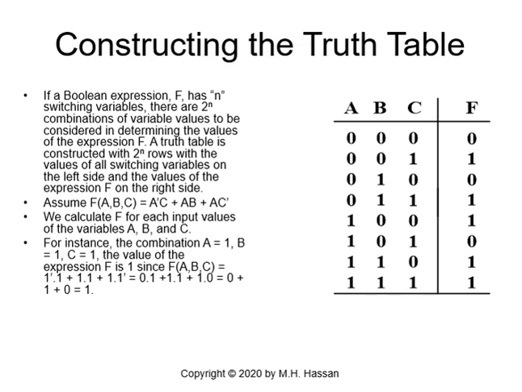Now to construct the truth table, the Boolean expression F has n switching variables, so there are 2 to the power n combinations. So a truth table is constructed with 2 to the power n rows, with the values of all the switching variables on the left side and the values of the output function f on the right side.